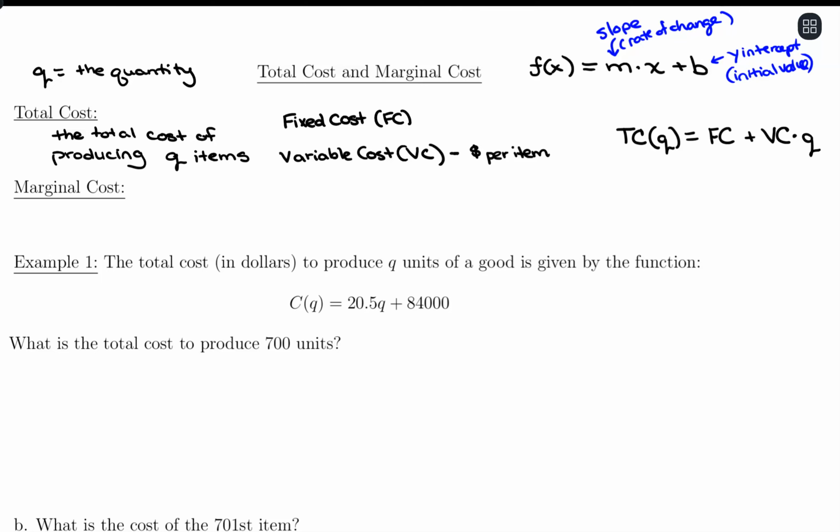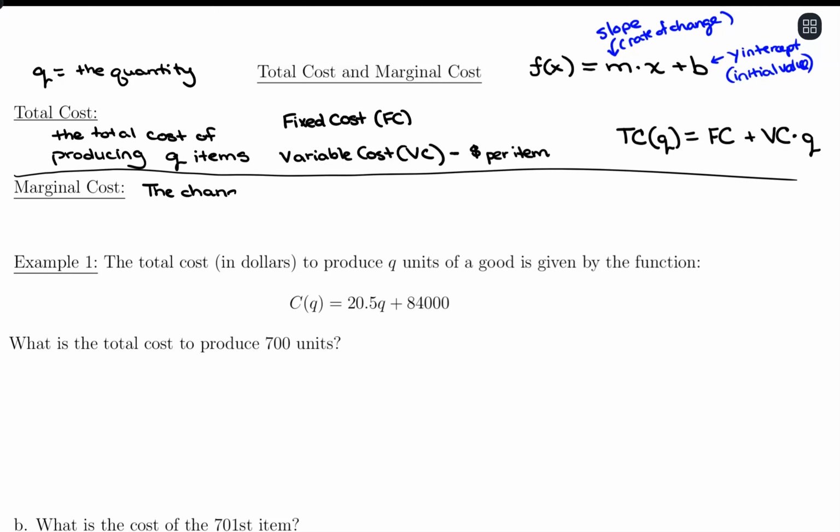Now the marginal cost, let's just separate this out a little bit. So the marginal cost is the change in total cost if we increase the quantity by just 1.